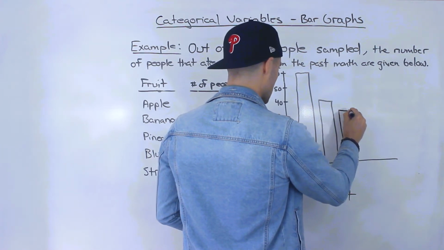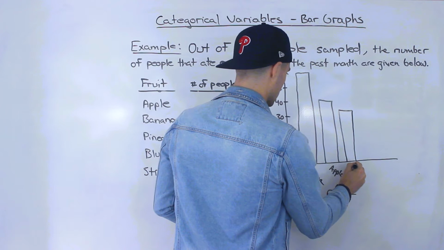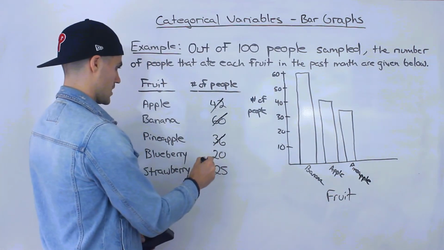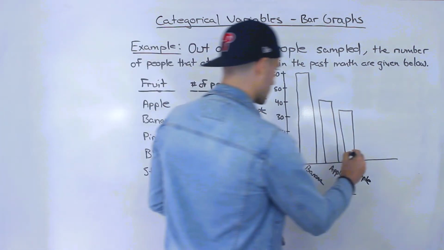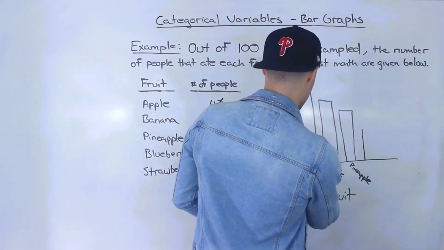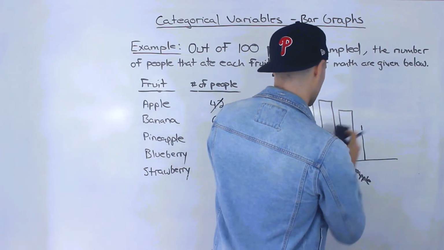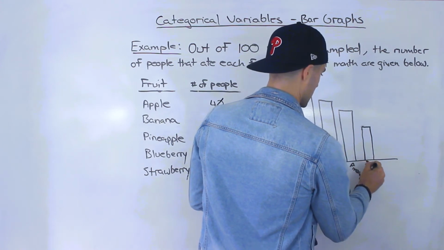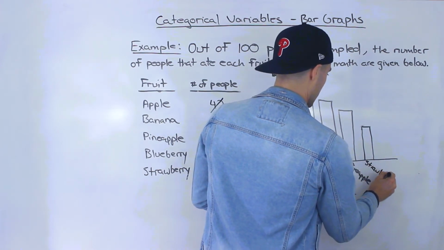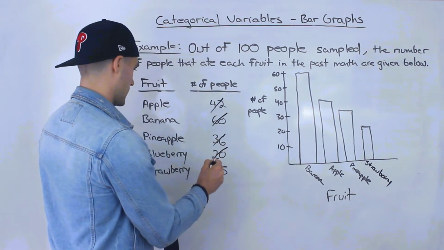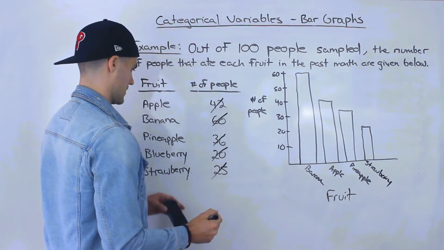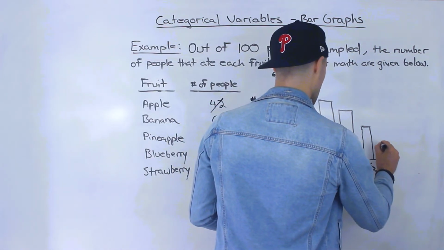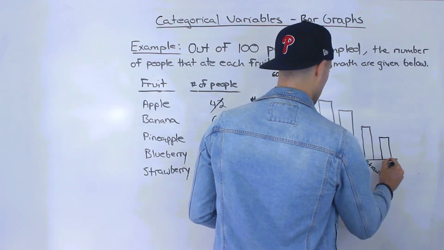That's going to be right there. Next would be strawberry at 25. That would be, let's say, right there. And then blueberry would be last at 20. So 20 would be right there.